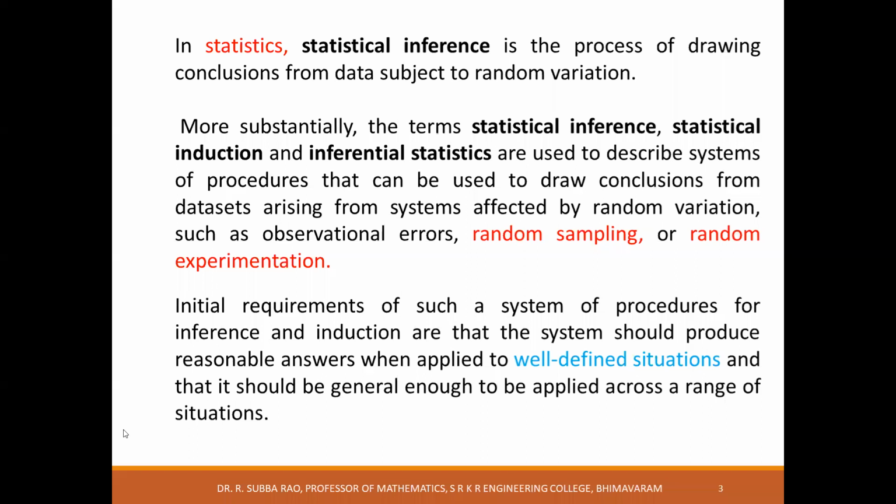More substantially, the terms statistical inference, statistical induction, and inferential statistics are used to describe systems of procedures that can be used to draw conclusions from data sets arising from systems affected by random variation, such as observational errors, random sampling, or random experimentation.